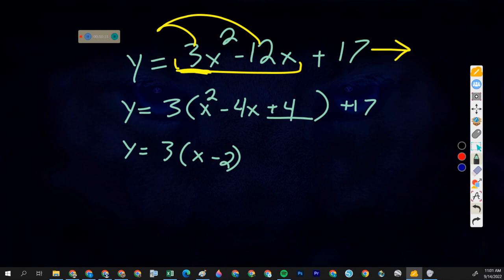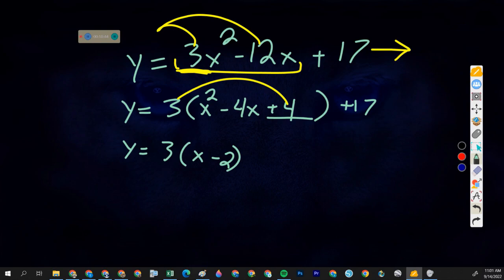And if I add 4 pounds to the left side, I need to subtract 4 pounds. However, I didn't actually add 4 pounds. Look closely. I actually added 12. It looks like a 4, but its effect on the equation is a 12 because that 4 is hiding underneath a 3.